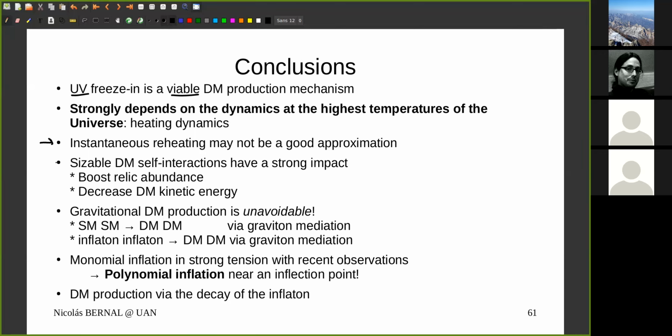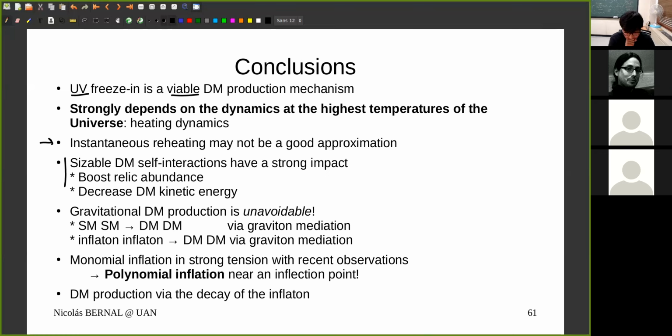Also, one important thing is that self-interactions could have a strong impact on dark matter genesis. Typically, what dark matter self-interactions do is boost the relic abundance, and that's good. The price to pay is that you're decreasing the dark matter kinetic energy, so you're trading kinetic energy into mass, boosting the dark matter number density.